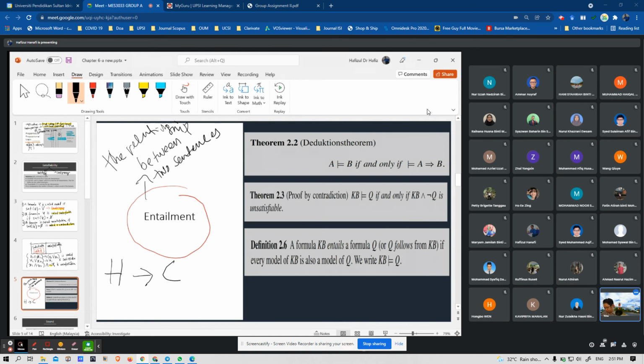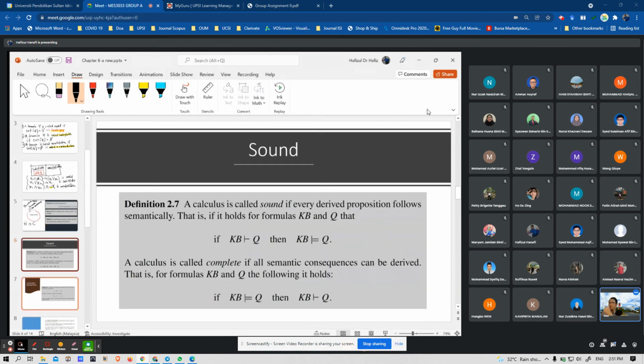And then we have soundness. A calculus is called sound if every derived proposition follows semantically.